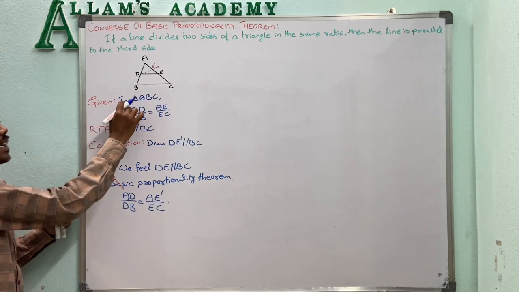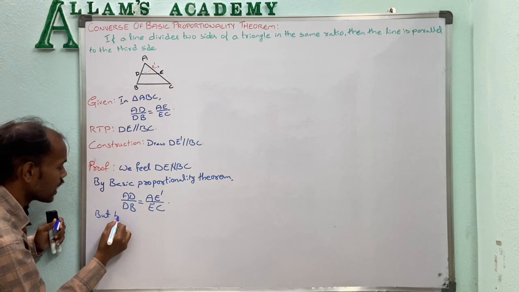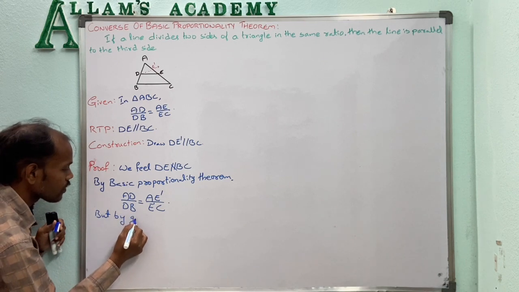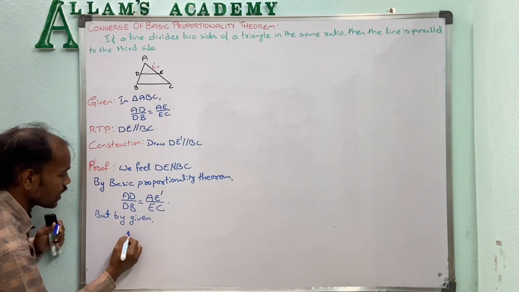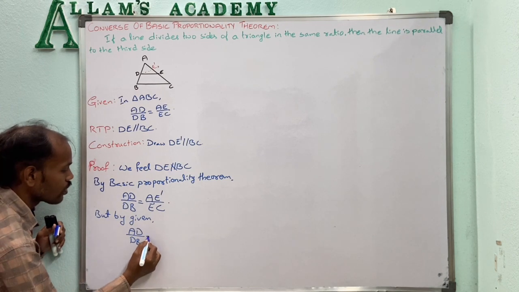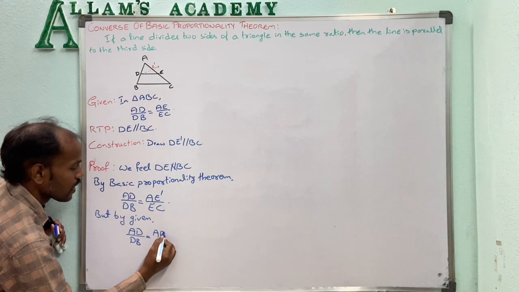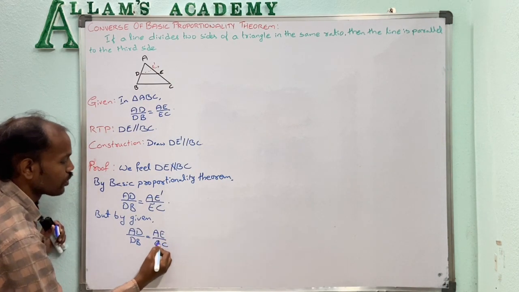But by given, what we know? By given, AD by DB equal to AE by EC, that one we know.